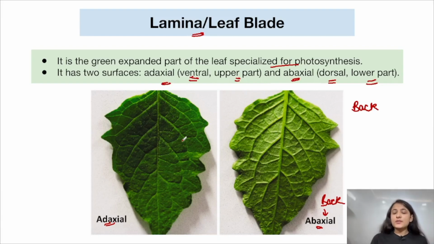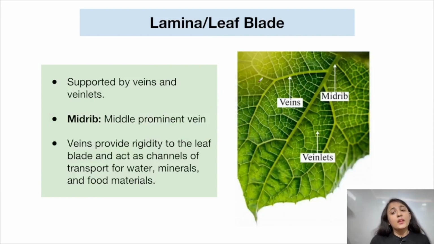Okay, so this was about the leaf blade. Now the leaf blade has numerous veins and veinlets which support it. Veins are these thick structures which are present in the leaves, and veinlets are these tiny thread-like structures present in between the veins and filling the rest of the gaps.